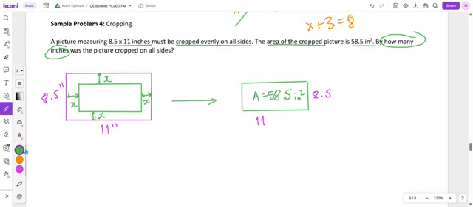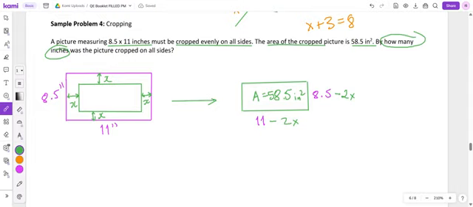Now I have to account for the fact that I'm cutting off parts. So if I look at this 8.5, how much did I cut from the top? How much from the bottom? So how much in total did I cut off? 2x. Okay. How about the sides? Same. Okay. So 8.5 minus 2x. 11 minus 2x.